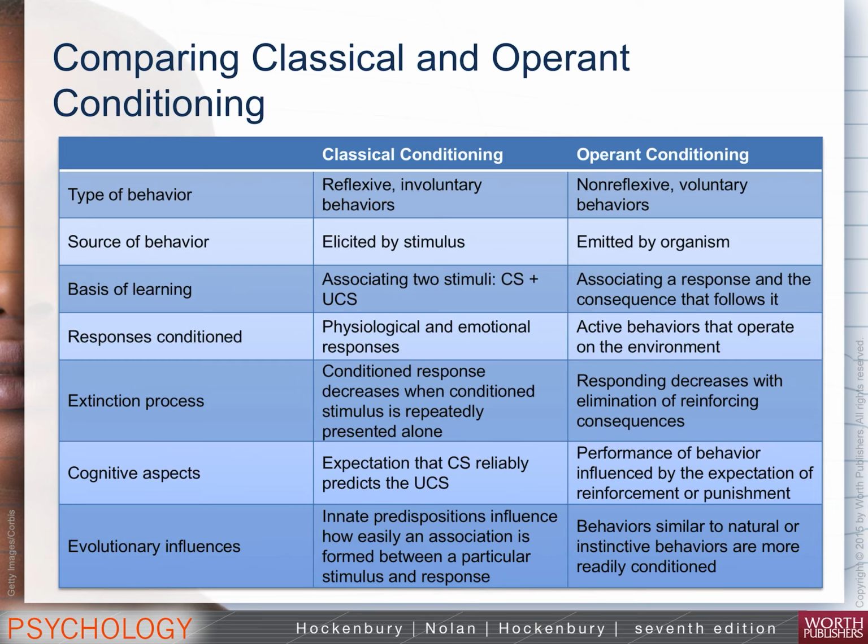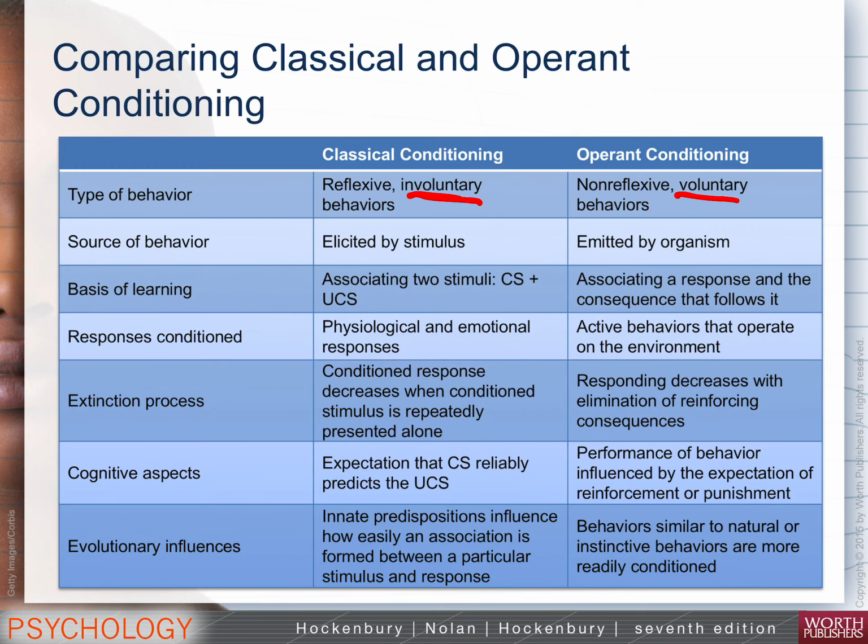And remember, the major difference is that classical conditioning involves involuntary behaviors, like we used Pavlov's example of salivation with dogs, or any kind of emotion, happiness, sadness, hunger, sexual desire. All of those things are sort of reflexive involuntary behaviors.